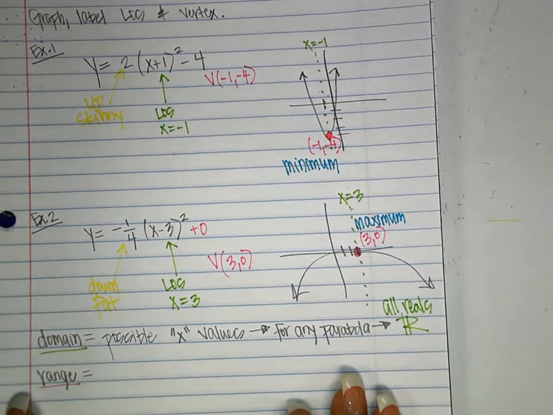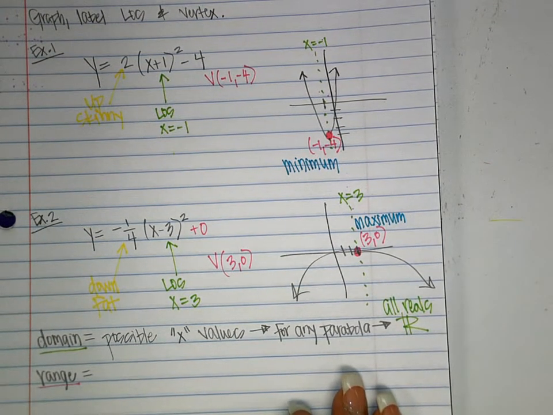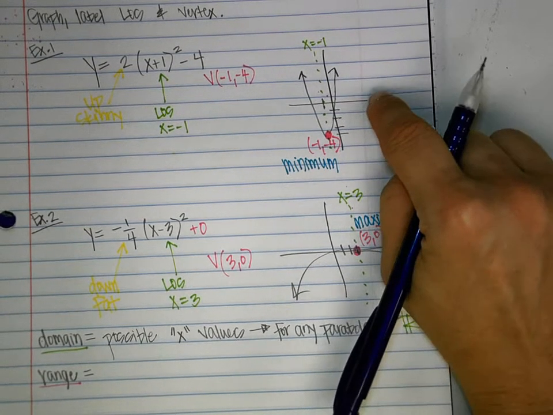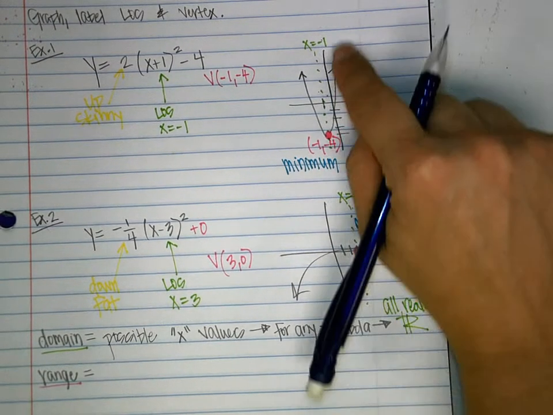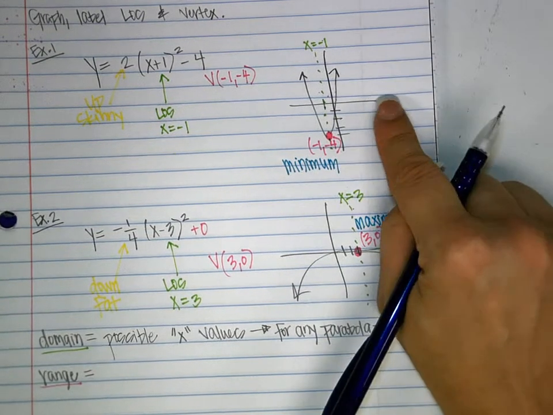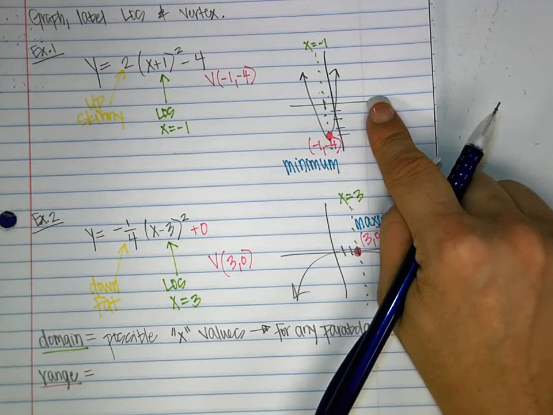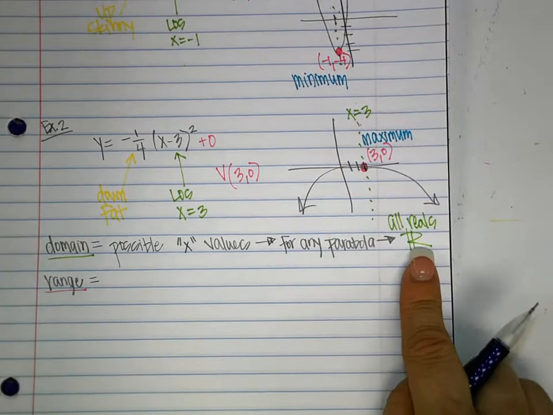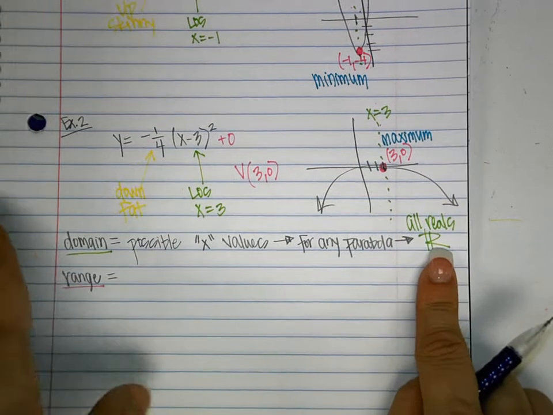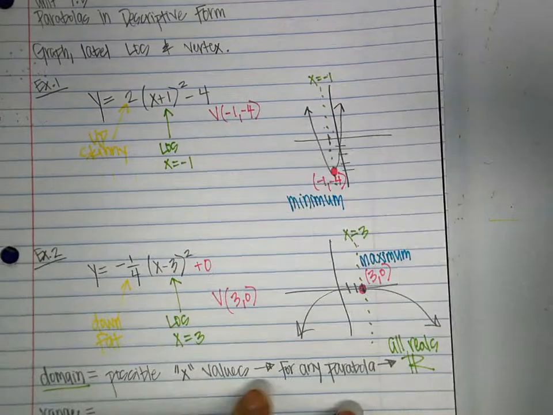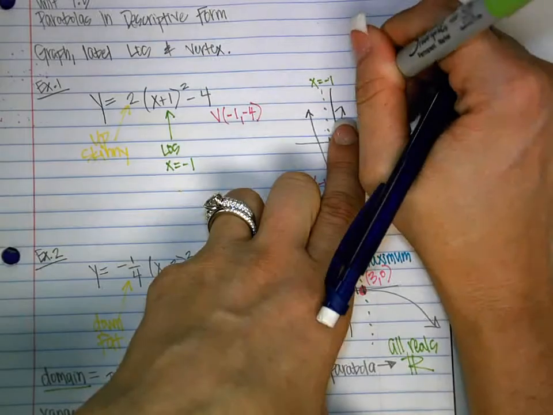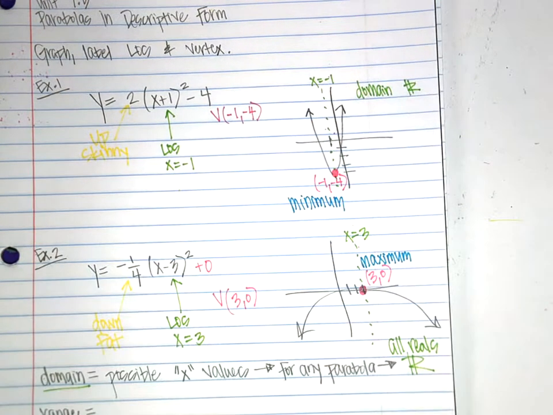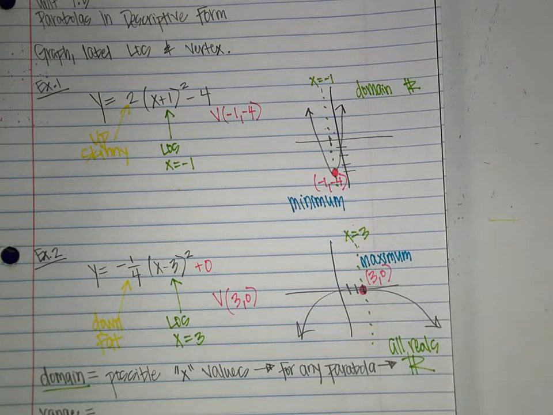If I want to figure out where x is 5 over here, eventually this graph is going to get there and it would cross 5, right? We'll have an x value of 5. So for all parabolas, your answer is going to be all reals. So if I went back up here and I wrote my domain, domain would be all real numbers.